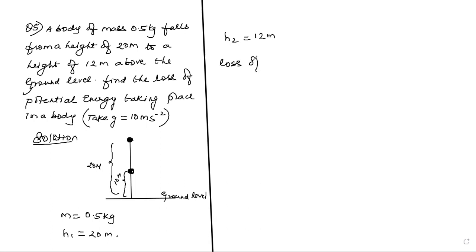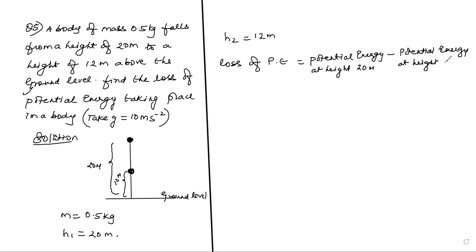Loss of potential energy is equal to potential energy at a height of 20 meter minus potential energy at a height of 12 meters.